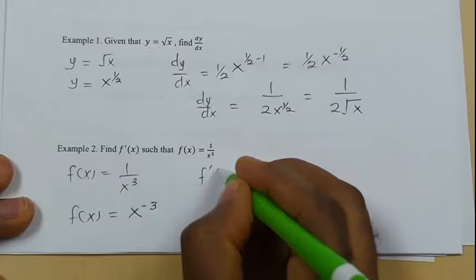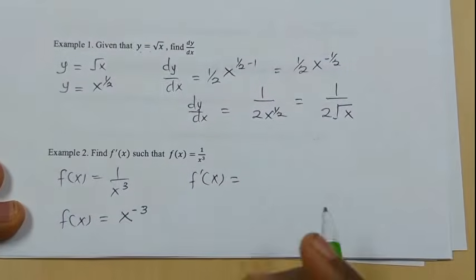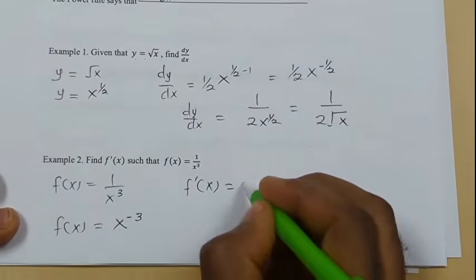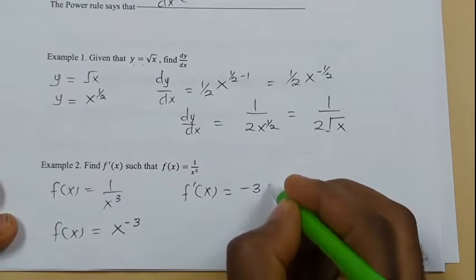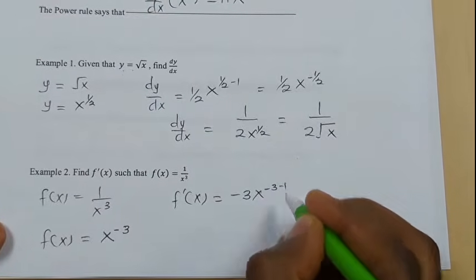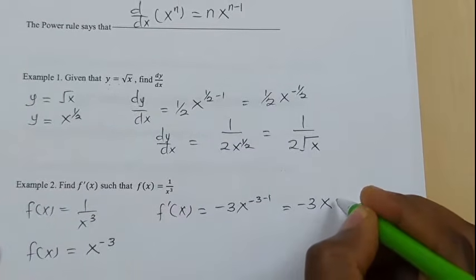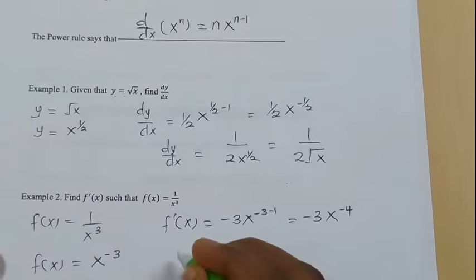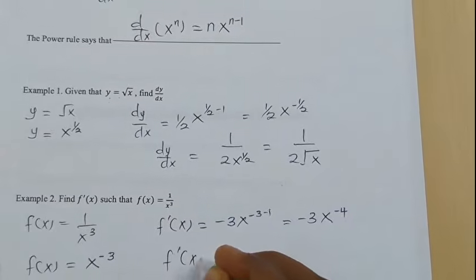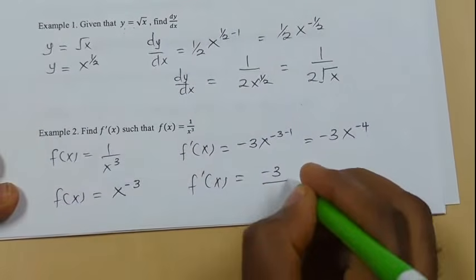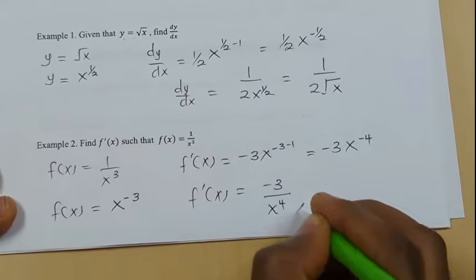So our f prime of x from the power rule is that we drop the exponent, so we have negative 3, then we repeat it and subtract 1 from the exponent. So that will be equal to negative 3 x exponent negative 4. We can rewrite it as negative 3 over x exponent 4.